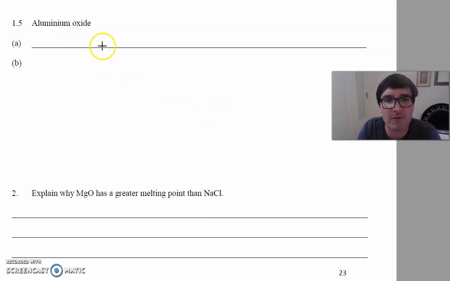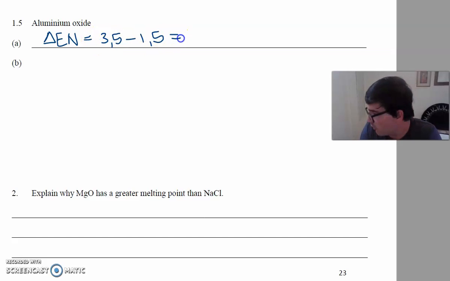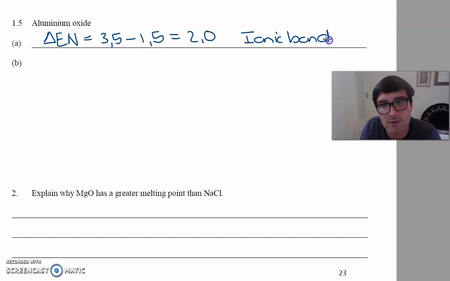Question 1.5 asks for the electronegativity difference between aluminium and oxygen. If you calculate that electronegativity difference, it's 3.5 minus 1.5, which gives a difference of 2.0, and it will be an ionic bond. In this case, once again, a metal and a non-metal.